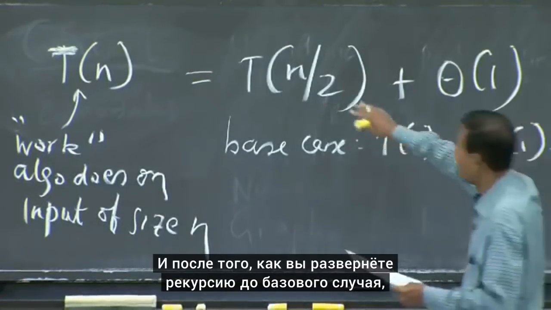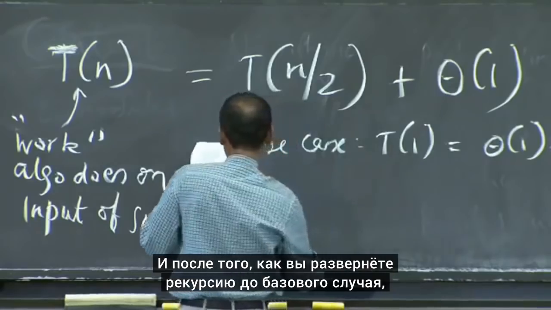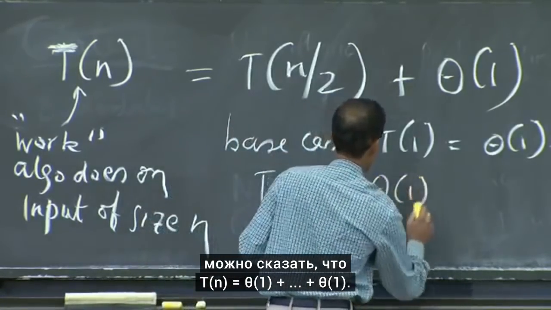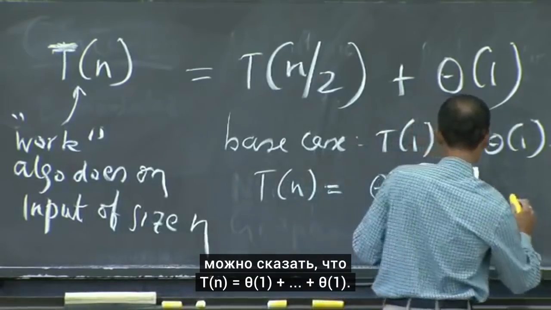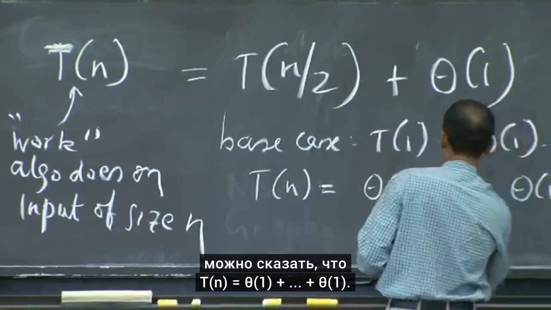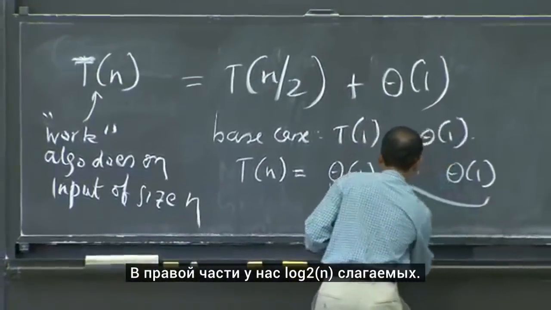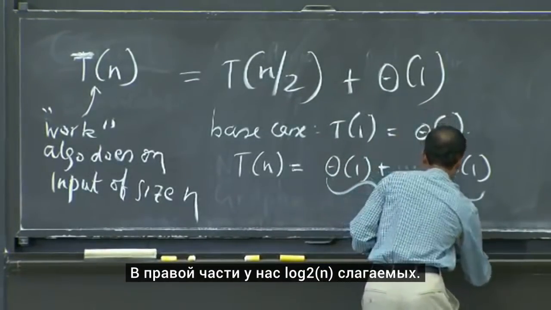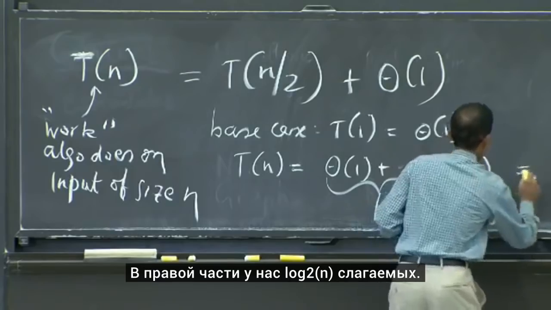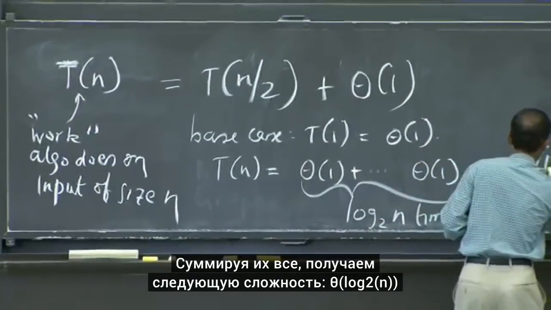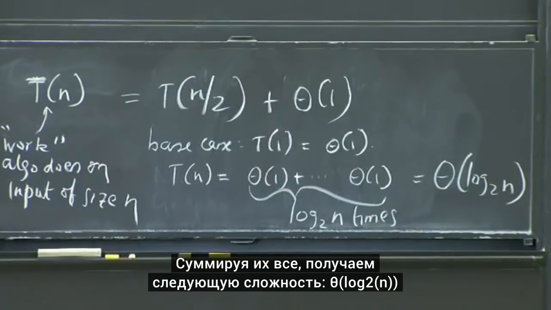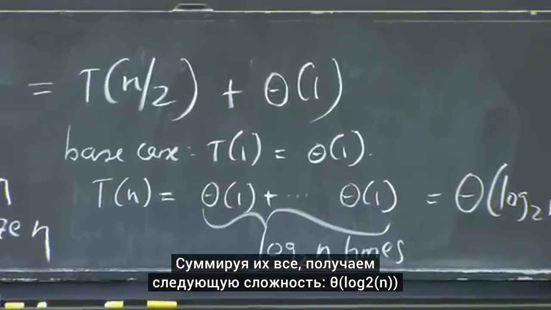And so if you expand it all the way out, then you can write T of n equals theta 1 plus theta 1, and you're going to do this log to the base 2 of n times. And adding these all up gives you a complexity theta log 2 of n, right?